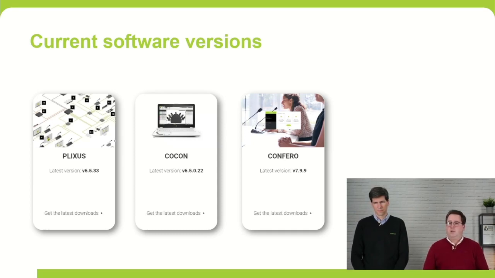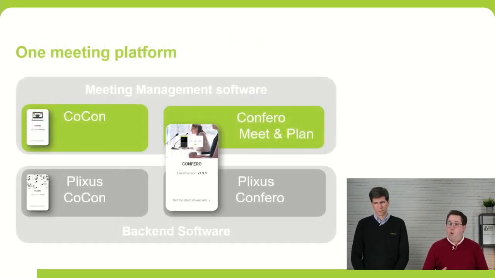If you, for instance, would use Cocon, you would need to install the Plexus firmware on our hardware devices, and then use Cocon on a PC specifically, where you have a different set of applications to configure both your setup and your meeting. If you're using Confero, on the other hand, it's just a firmware version you need to install on the product, and then you use the web page to log in and make any changes on the product itself.